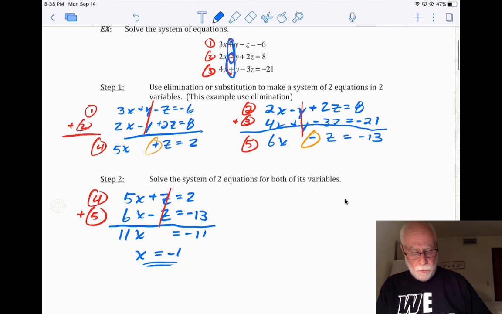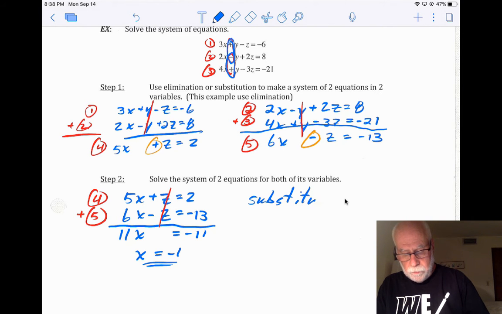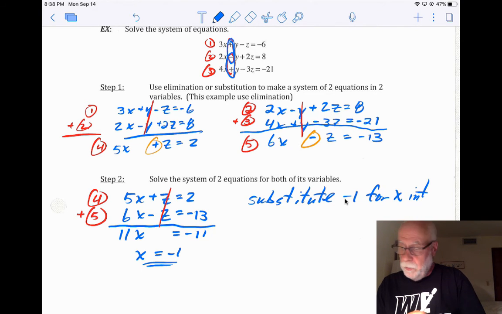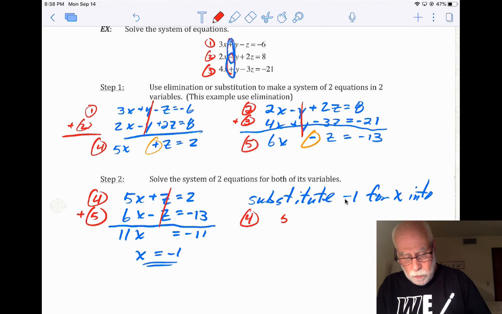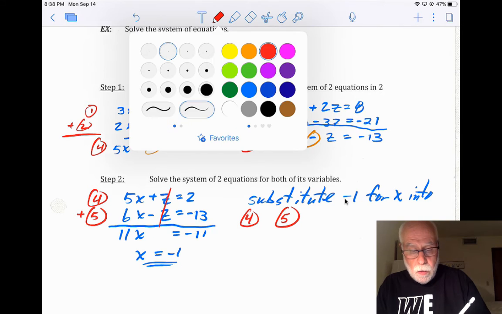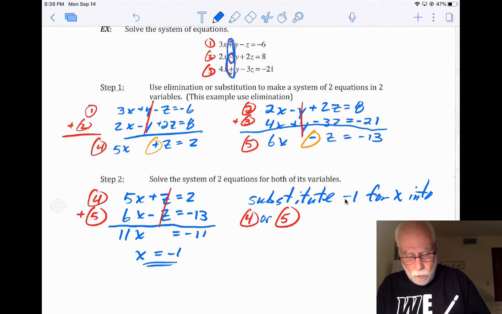Okay, so now remember I told you to substitute negative 1 for x into 4 or 5 to solve for z.